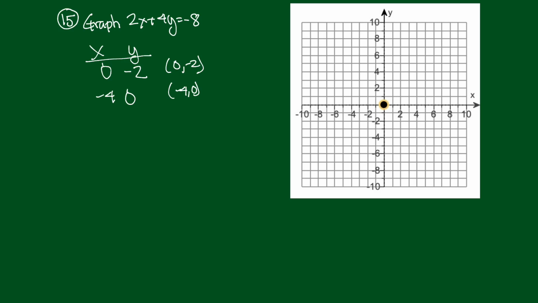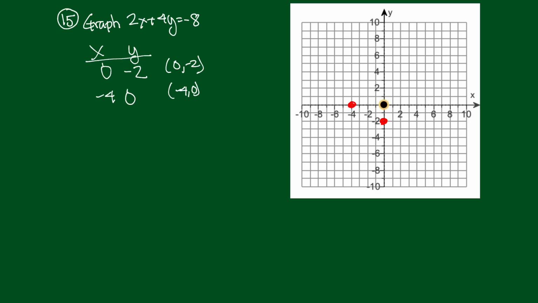Now, this first point right here, 0, -2, is right here. So let's plot that, 0, -2. And this point, -4, 0, is to the left 4 and up and down 0. So that's going to be -4, 0, that point right there.